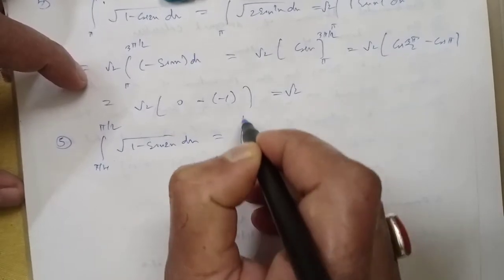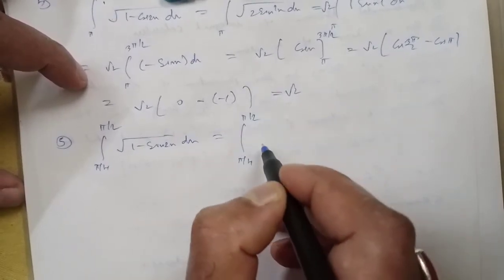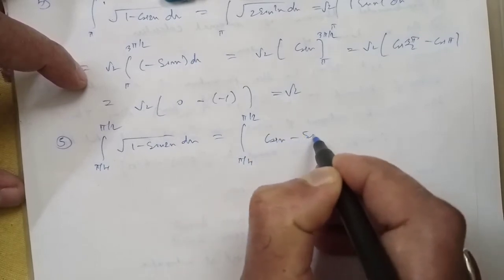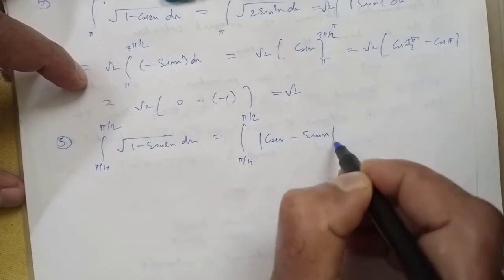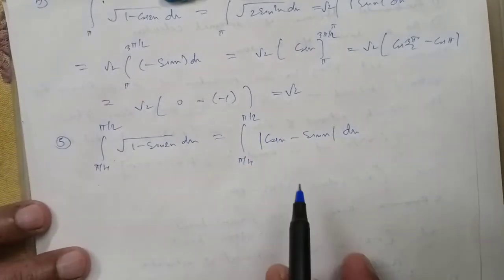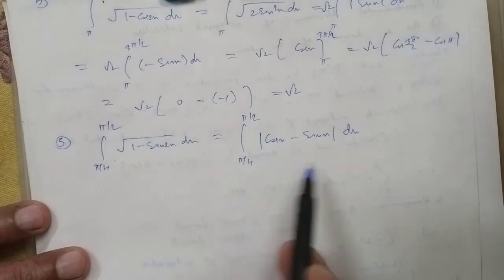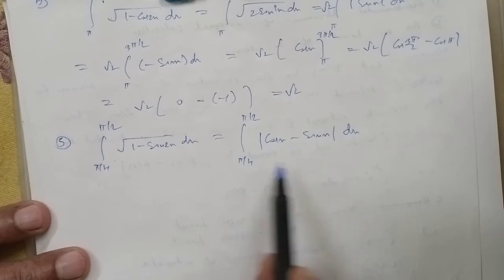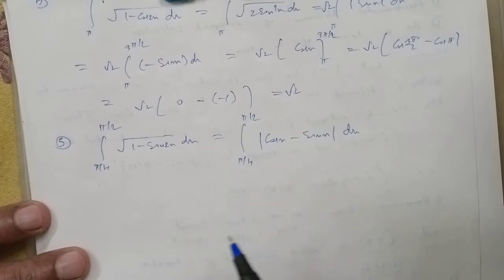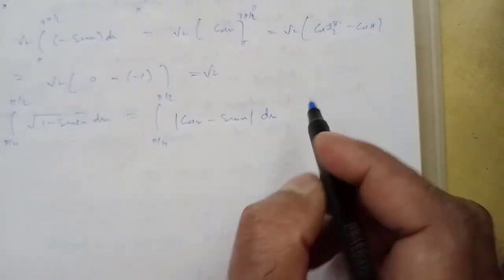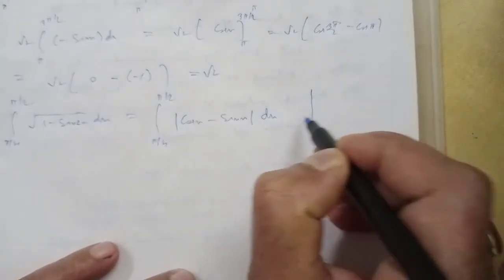Integration pi by 4 to pi by 2, this will be the modulus of cos x minus sin x. Why modulus? Because first we have to study the sign of the function cos x minus sin x in the interval pi by 4 to pi by 2. Let us draw the graph here.